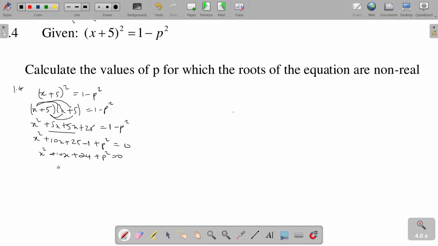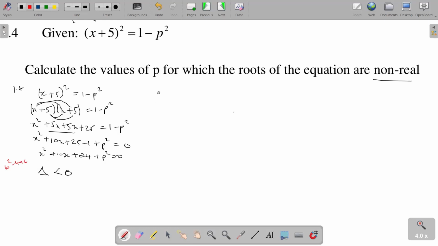Then from there, you are asked for which the roots are non-real. So for non-real, our discriminant must be less than 0, and our discriminant refers to b squared minus 4ac.